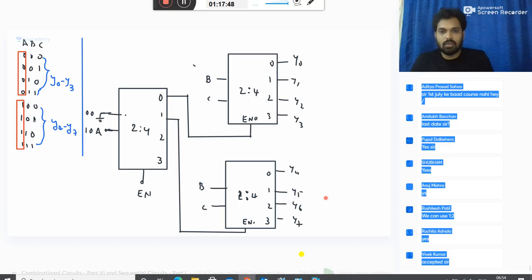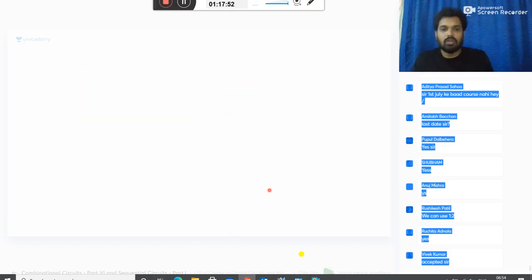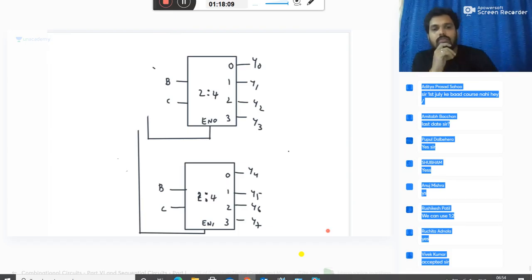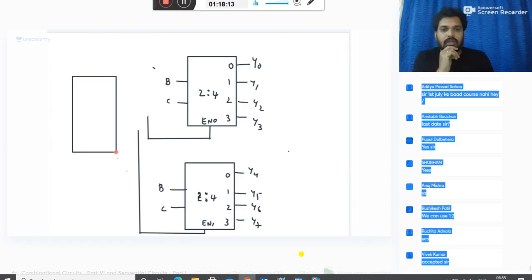Okay. So instead of this, as Rishi told, you can use 1 by 2 also. So let's do that also. So here you use 1 by 2.